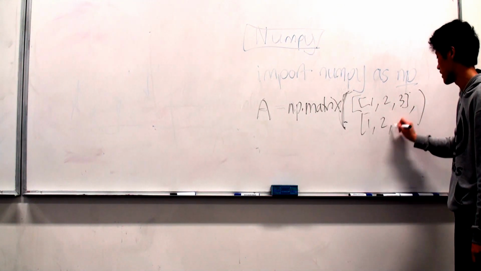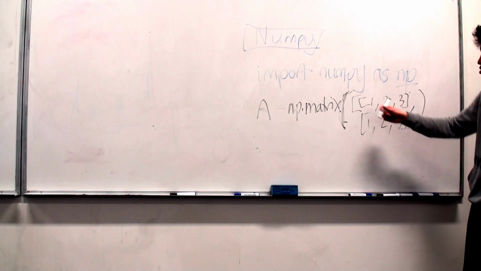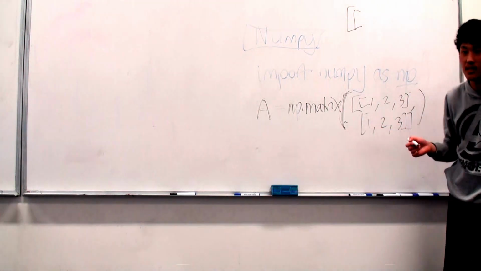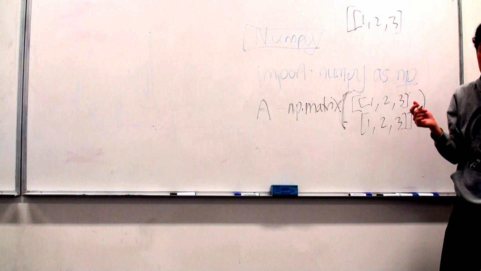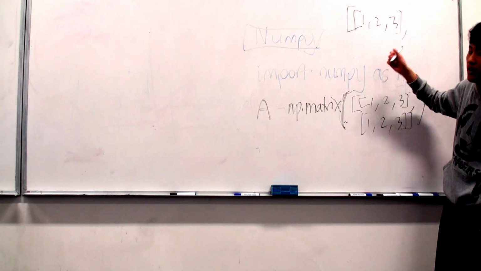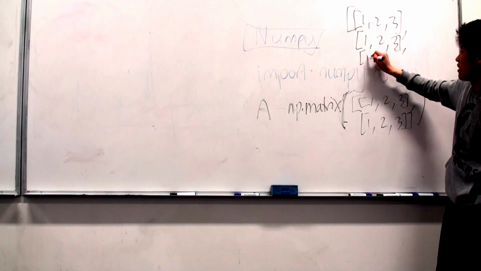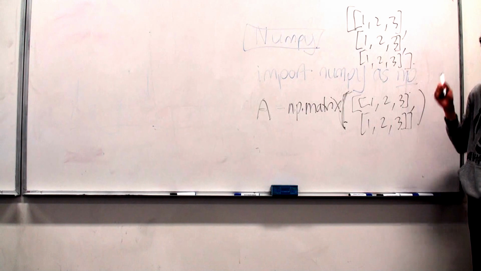In NumPy, these are multi-dimensional arrays, so at the beginning, you have to do double big brackets, okay? And then you do 1, 2, 3. So this is your first row. Your second row, you do comma, and then you go to the next one. And so on.